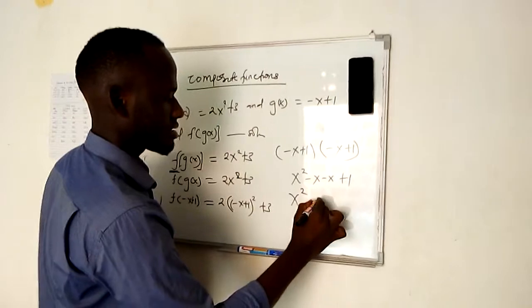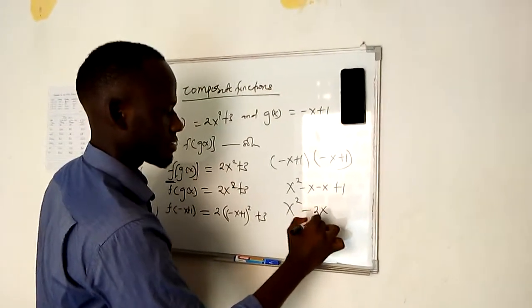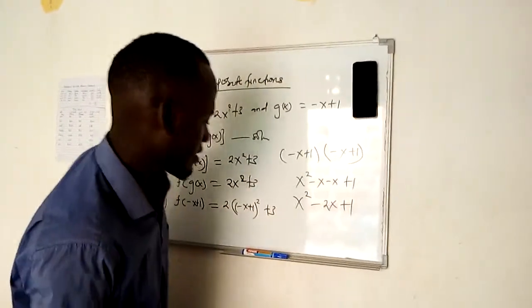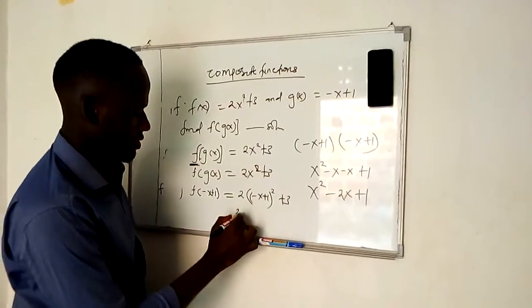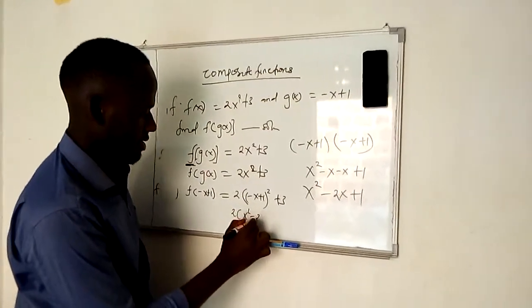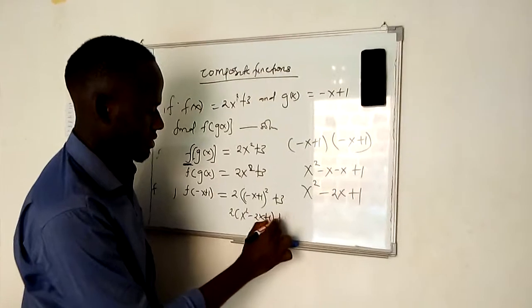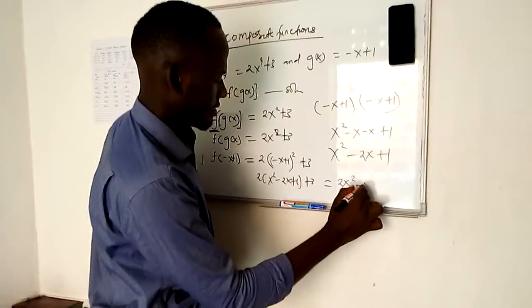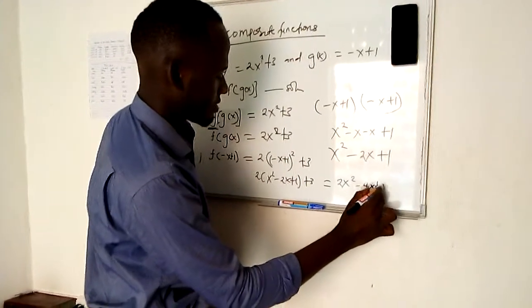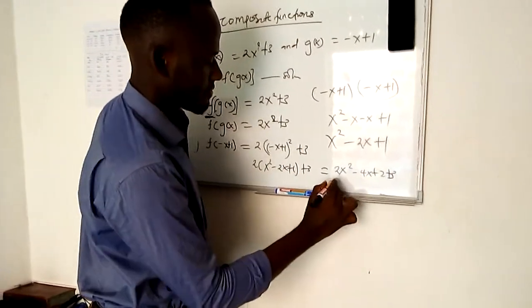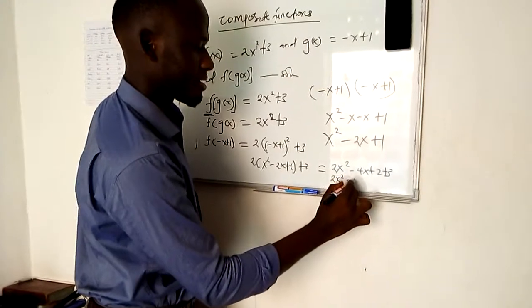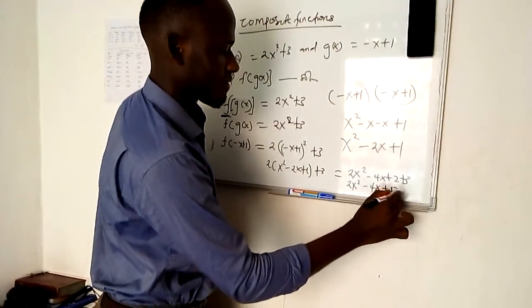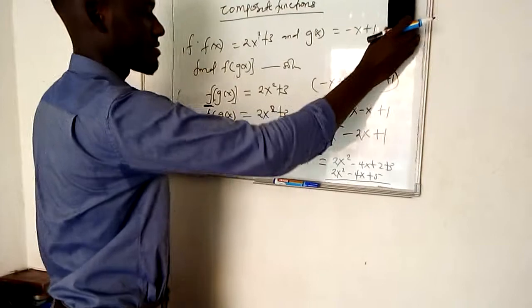This is x squared minus 2x plus 1. So we shall say 2 into x squared minus 2x plus 1 plus 3, giving us 2x squared minus 4x plus 2 plus 3. This gives us 2x squared minus 4x plus 5. That is our final answer.